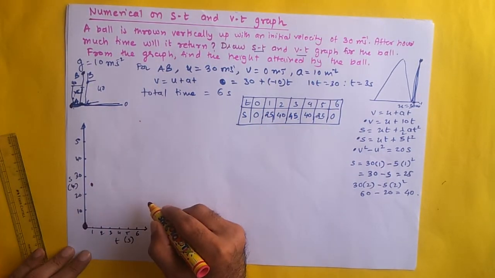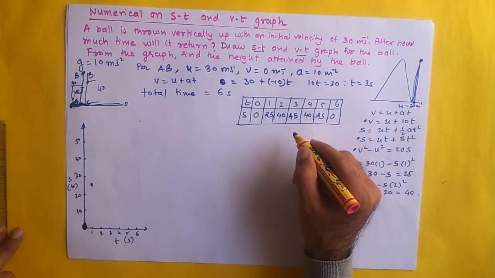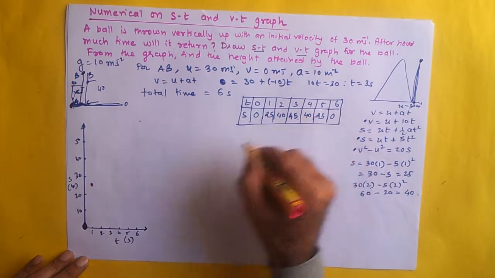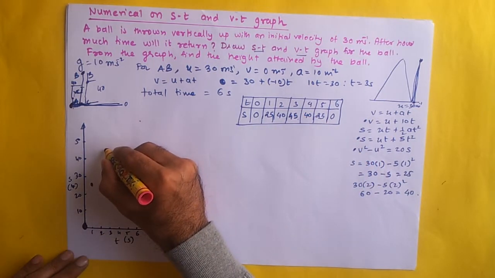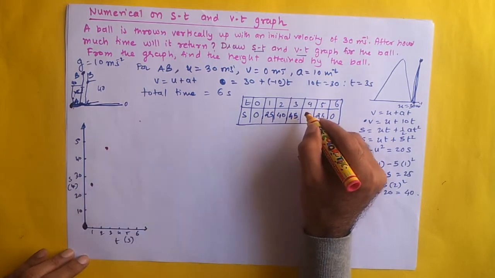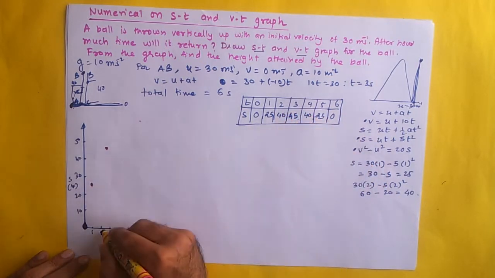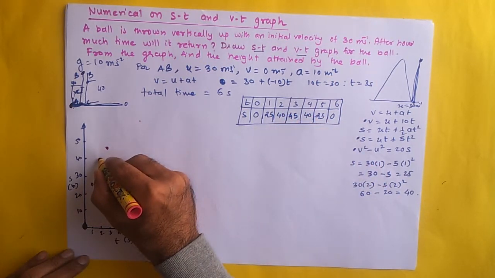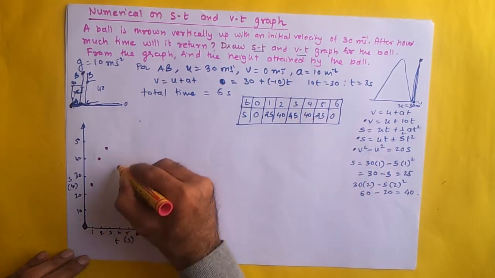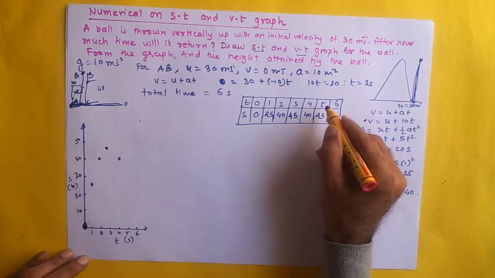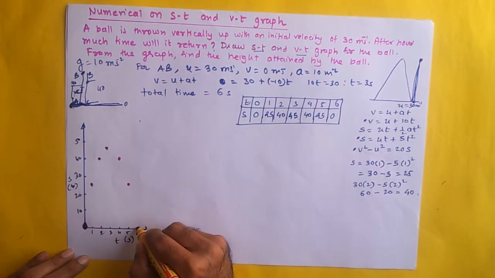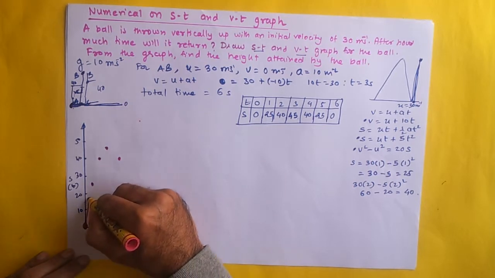Our objective here is to show you how the graph is to be plotted, so I'm not worrying too much about the exact shape of the graph or the exact points on the graph. 2 is 40, so somewhere over here. 3 is 45 over here. Again 4 is 40, 5 is 25, and 6 is back over here. So you'll get a graph something like this.